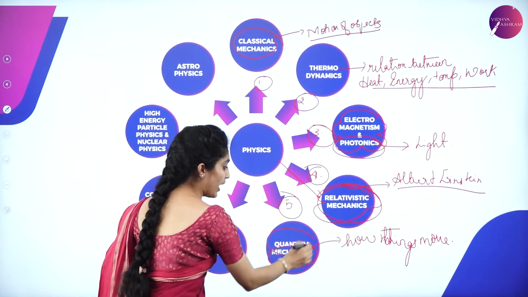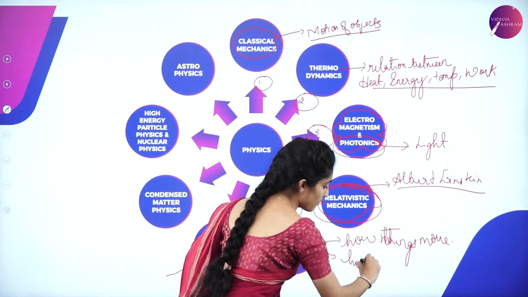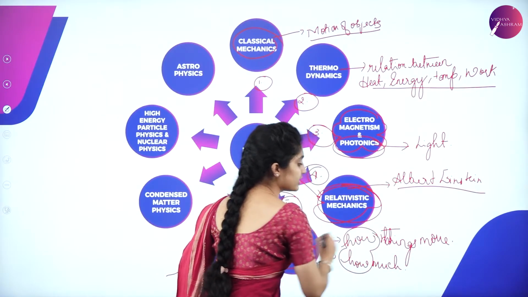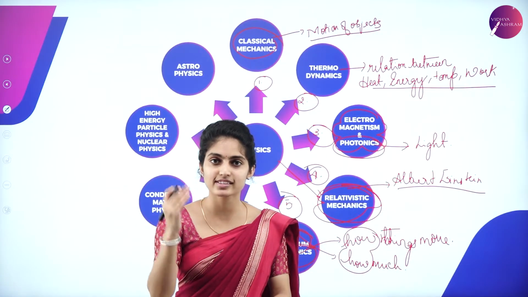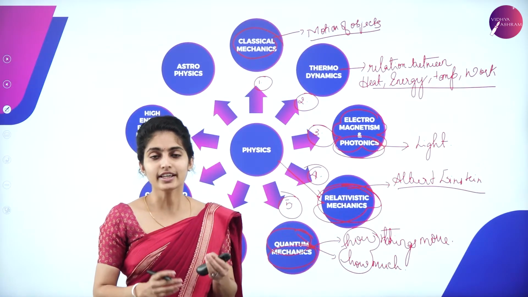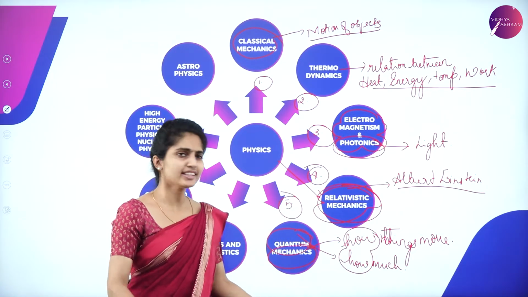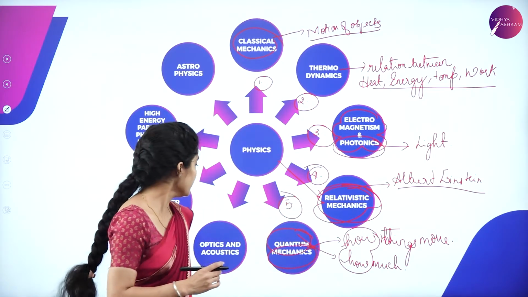And quantum is a Latin word which means how much. So quantum mechanics is the study of the universe at a scale smaller than the atoms. Here, quantum mechanics is like how things move and how much it moves. That is all about quantum mechanics.